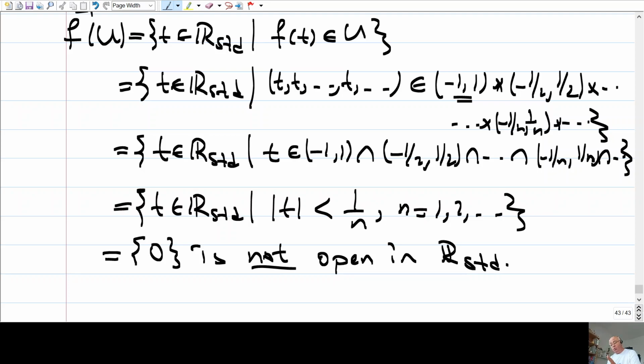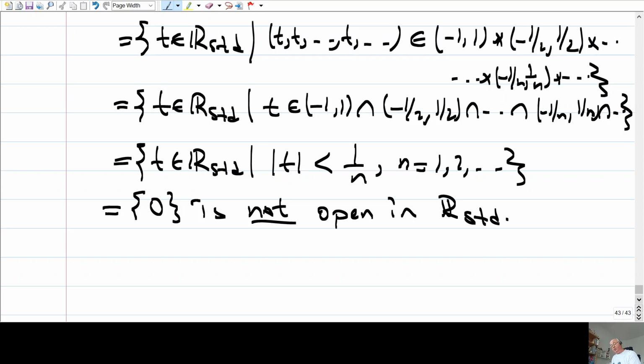Therefore, it is too strong. An open set of this type causes problems. So, for a reasonable topology on the product space, we should avoid such products, products of arbitrary open sets.